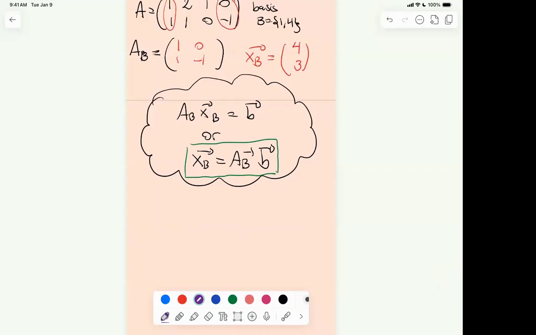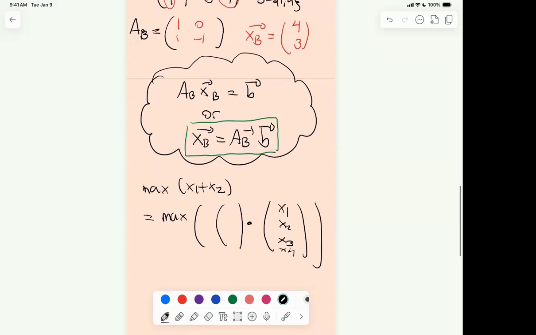Just before giving you this formula, if you look at this example, the function was the max of x1 plus x2, right? So if you write it in the notation that I'm using here, where the vector is x1, x2, x3, x4, then the coefficients are 1, 1, 0, 0.